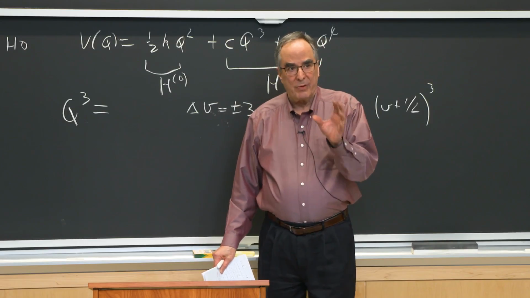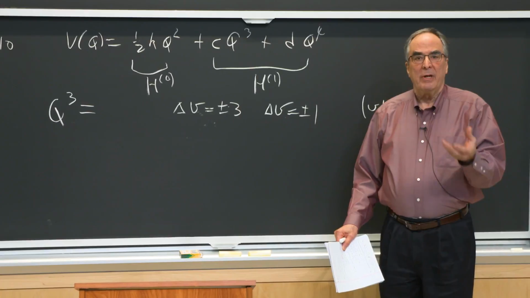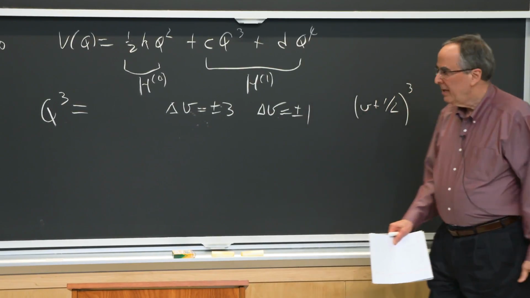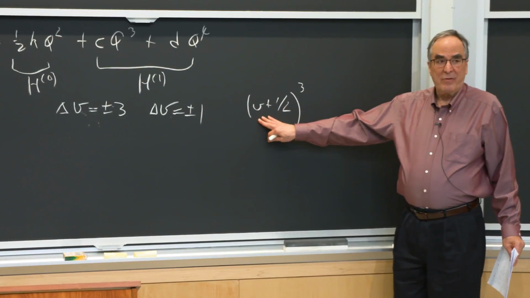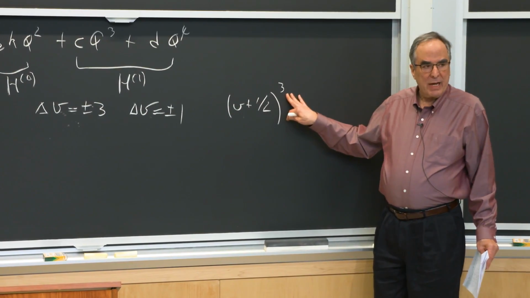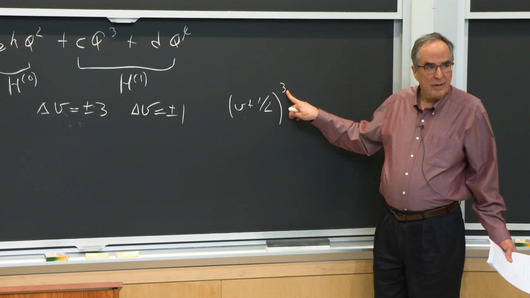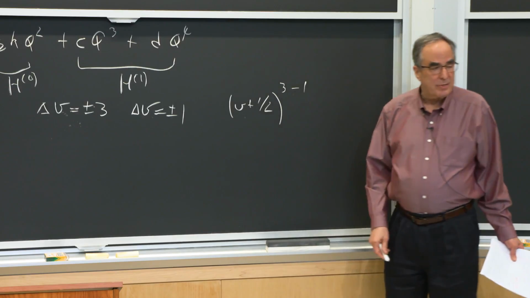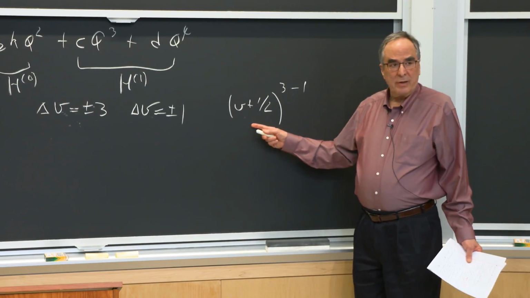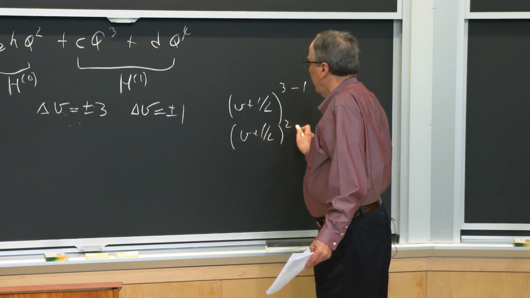The matrix elements go as the square root of the power of the a's. And so all of the matrix elements have the leading term v plus a half to the 3/2 power, but we're squaring. And we lose the highest order because of the subtraction. So this one gives rise to terms in v plus 1/2 squared.